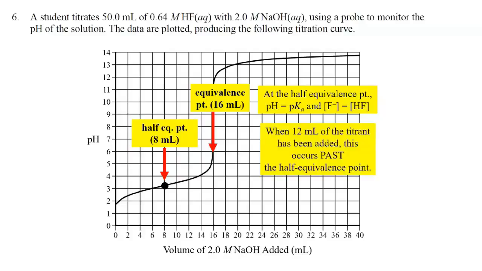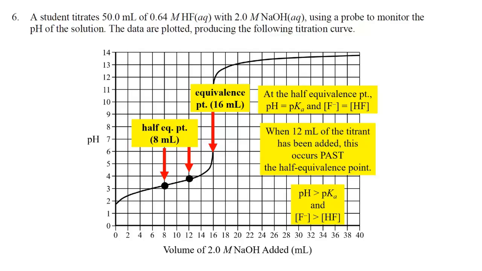But when 12 milliliters of the titrant has been added in this titration, this occurs past the half equivalence point. So when you're past the half equivalence point, then the pH is greater than the pKa in this titration, and the concentration of the conjugate base, or F-, is greater than the concentration of the weak acid, HF.